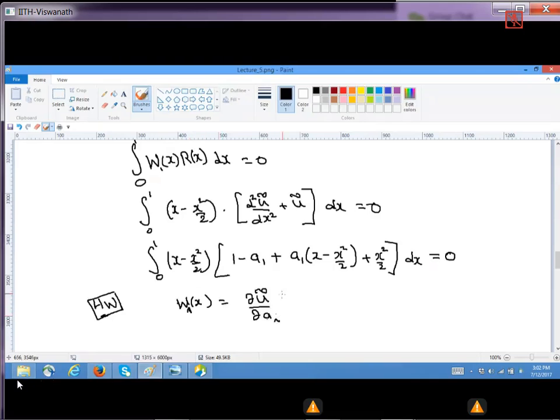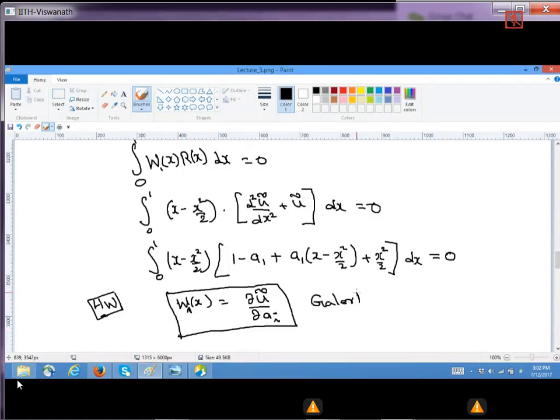That is our definition of weight in terms of the Galerkin method.